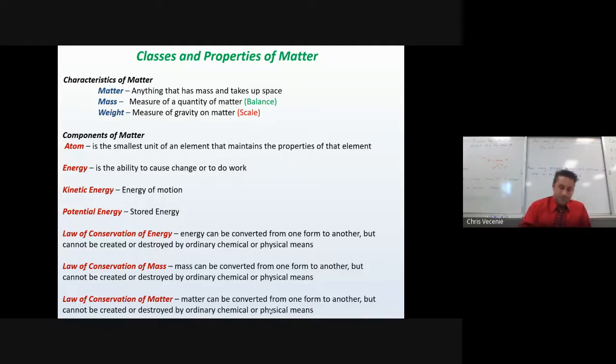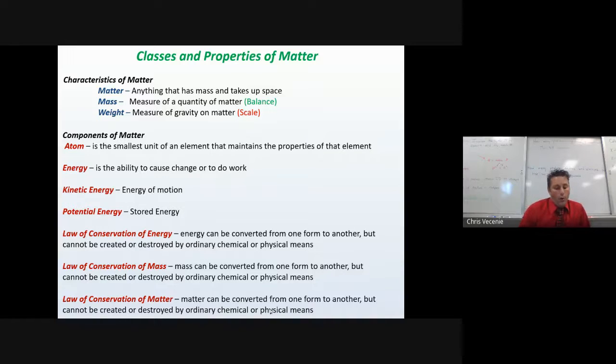Second bullet point, you have molecules of compounds. And then the third bullet point explains the difference between those two things.